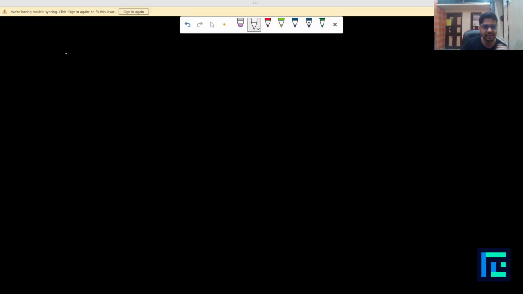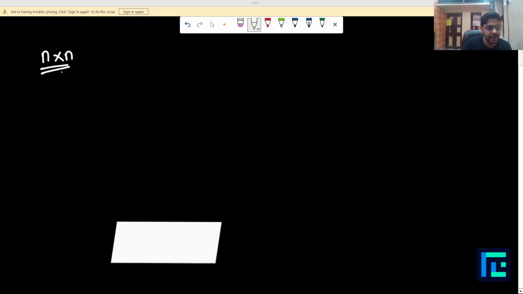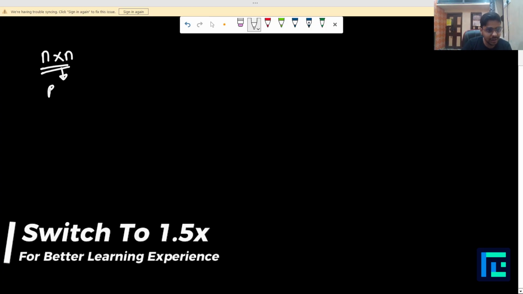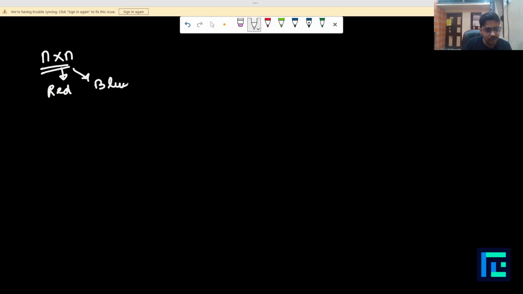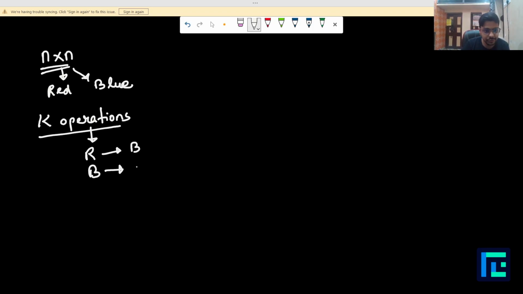The problem says that there is an n cross n grid where every cell has either the color red or the color blue. Now, what you are doing is performing exactly k operations on this grid. In one operation, if the color of the cell is red, you change it to blue, and if it is blue, you change it to red.